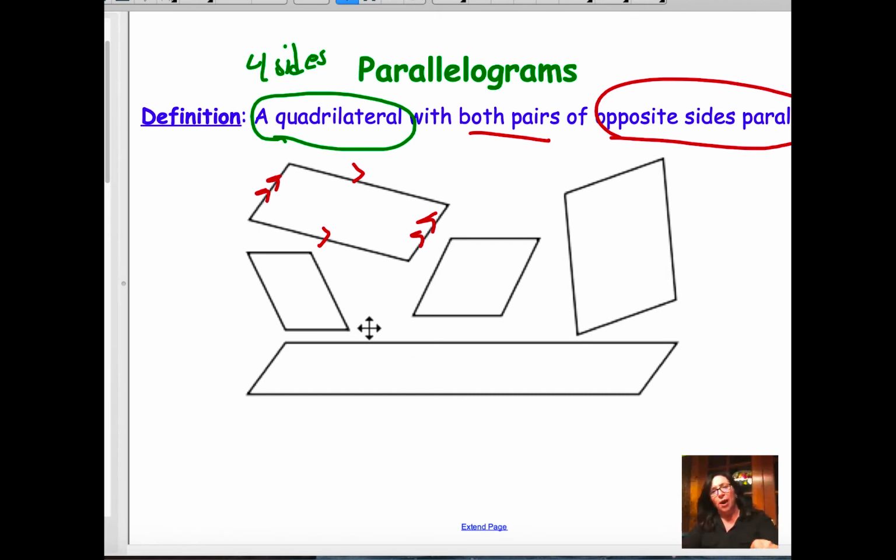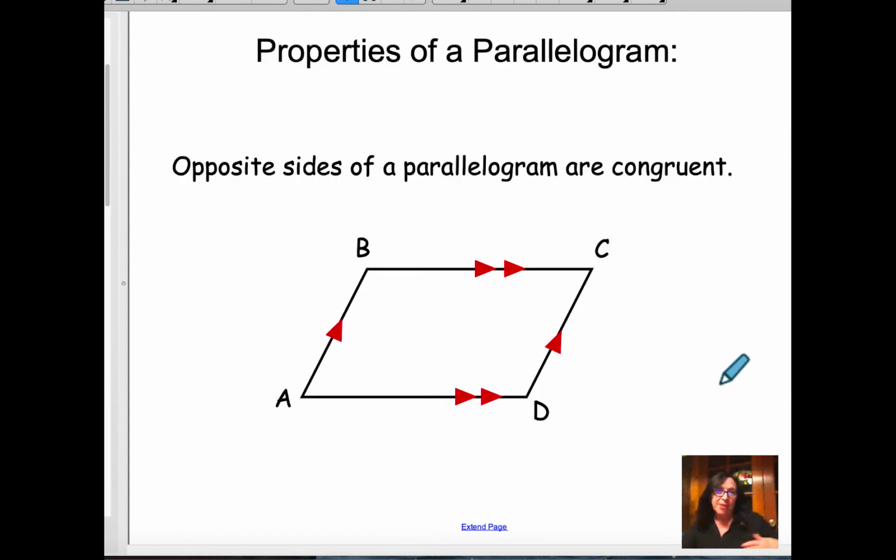Every single quadrilateral that is a parallelogram has both pairs of opposite sides parallel. So parallel, parallel, and we show that they're parallel by this arrow. And then also parallel, and then parallel. Opposite sides are parallel, okay, both pairs.